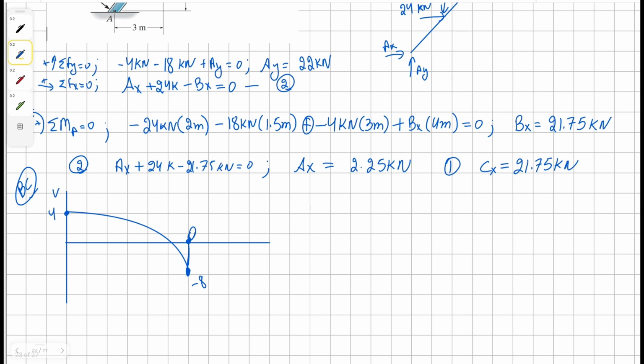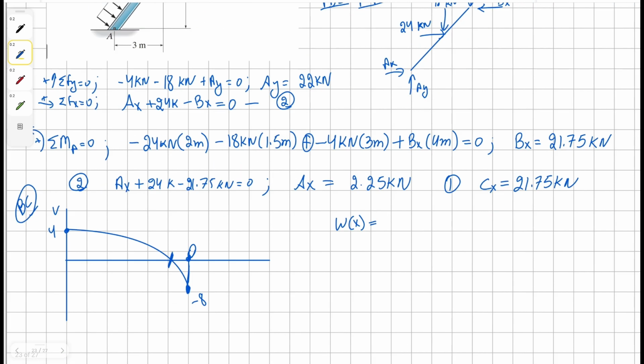Now, before we proceed to moment, we need to determine our point of intersection for this curve. And we're going to try to use the easiest method this time. So we're going to determine the load equation, which we already know is going to be negative 4x, or another way is the slope.